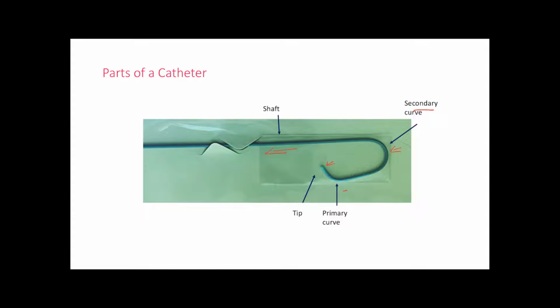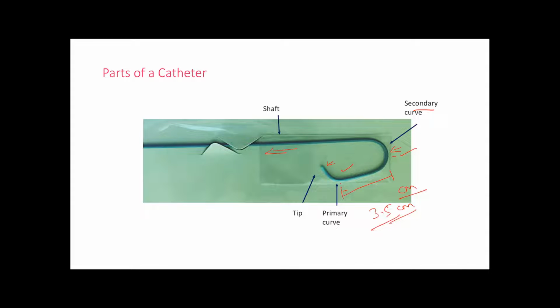Usually the catheters have numbers added to them, for example JL 3.5, JL 4. What are these numbers? These numbers are basically the distance in centimeters from the primary curve to the secondary curve. When you say JL 3.5, you mean a catheter where the primary curve and the secondary curve have a separation of 3.5 centimeters.